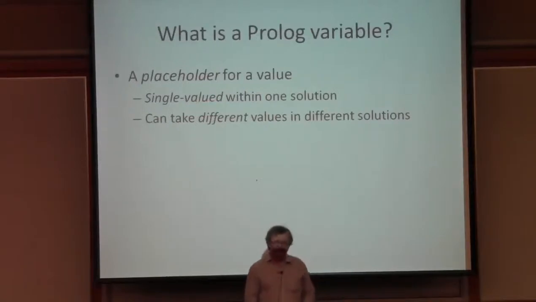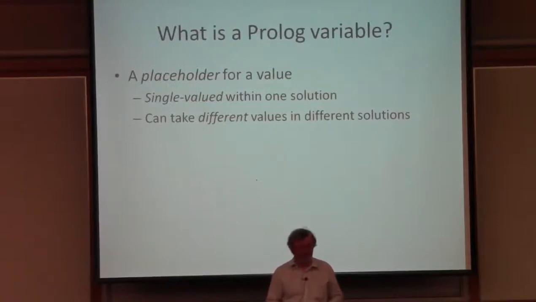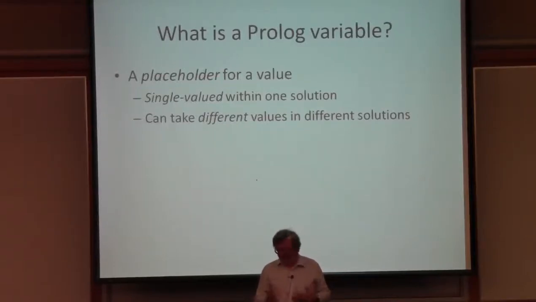So now I want to implement Prolog in Haskell using my backtracking monad transformer. And I'm going to need to implement Prolog variables, so we better understand them a little better. What is a variable in Prolog? Well, it's a placeholder for a value. It's initially unknown, but it can acquire a value as Prolog solves the constraints.